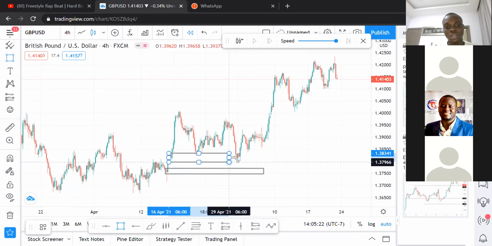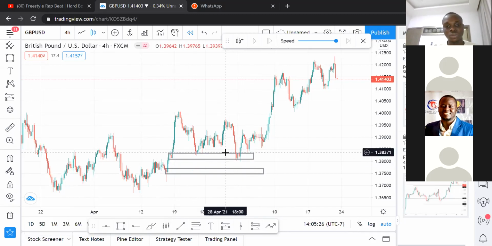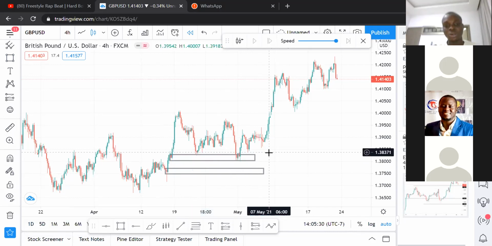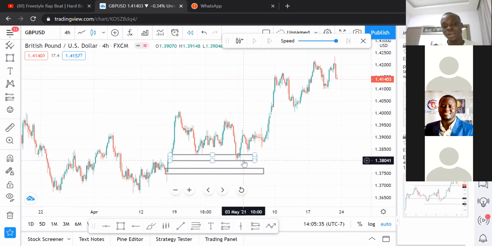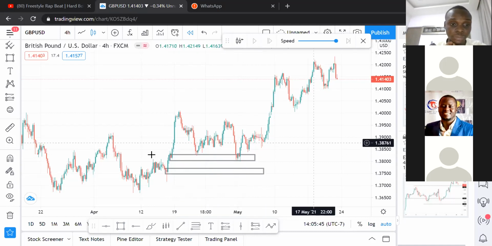Now I'll teach you how to identify orders. If it is my stop loss, you can see probably I would have missed the trade because it might have taken my stop loss a little bit, then just gone up. I would have been waiting. Are you with me? I'm with you, sir.